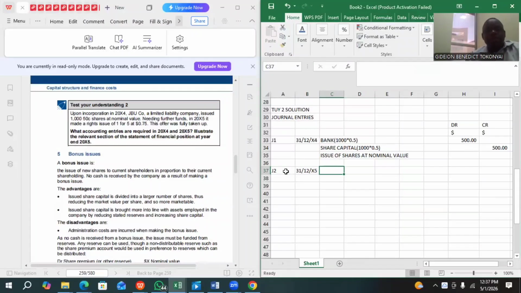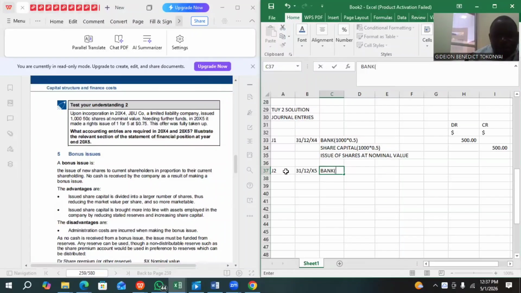For the rights issue, it is the same as an issue of shares at a premium. In this case we debit the bank. We open brackets.